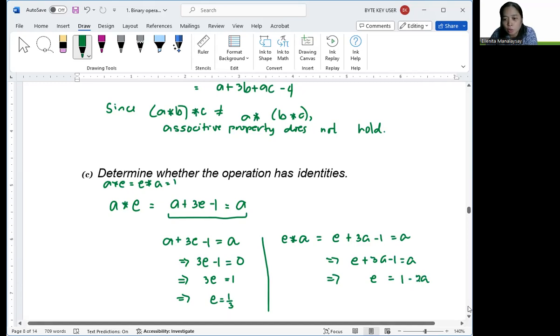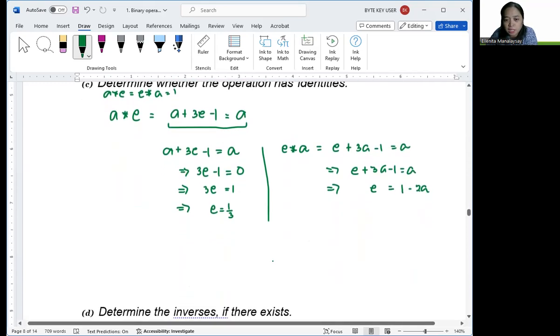Okay, so we have two claims here. E is equal to 1/3, which is equal to 1 minus 2A.